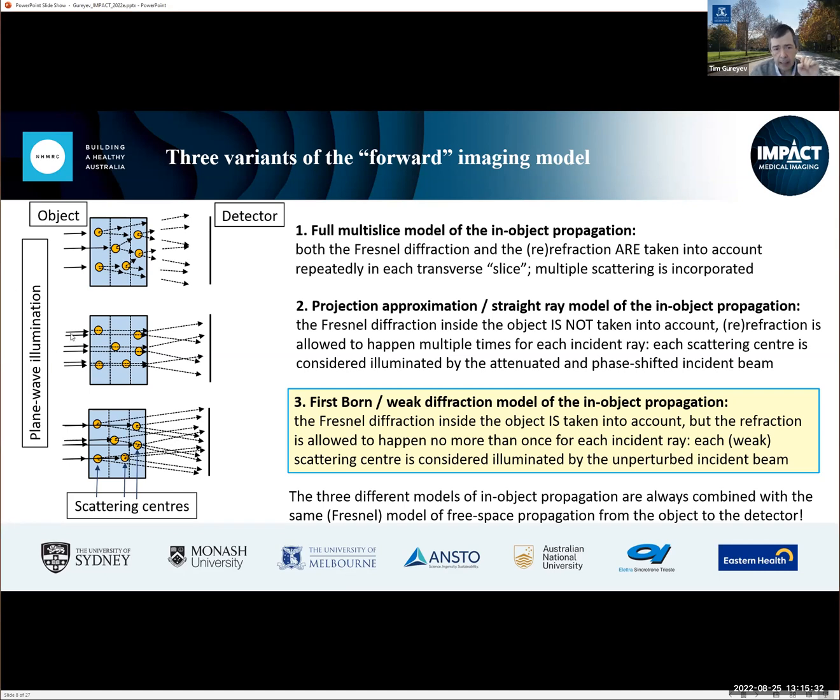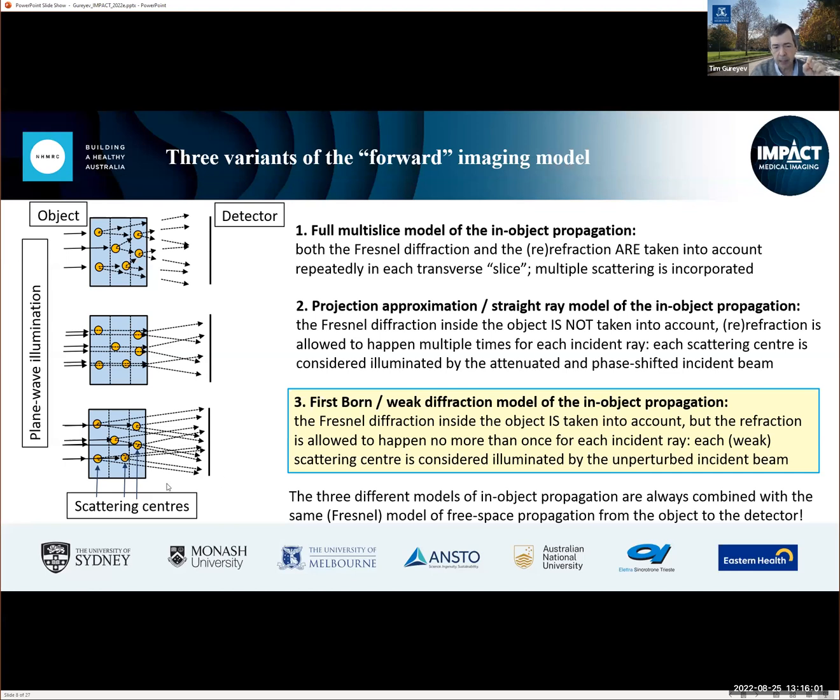Then after the free space propagation through the object, the propagation of the transmitted wave from the exit surface to the detector is calculated using Fresnel diffraction integrals. But the Fresnel diffraction inside the object is not taken into account.